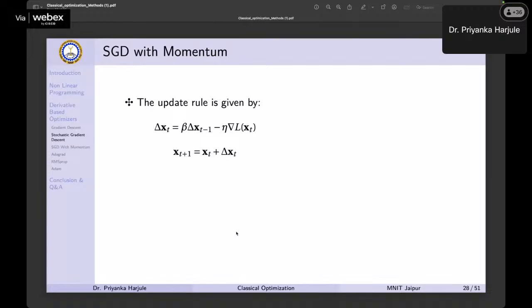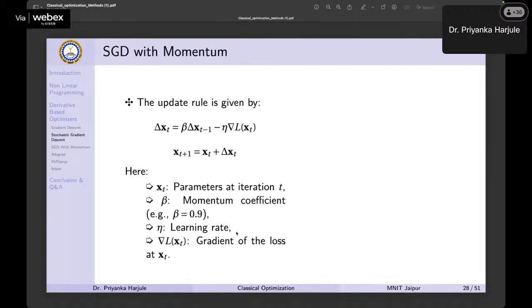giving smoothness to the convergence process. So the update rule for SGD with momentum is given by delta x_t equals beta times delta x_(t-1) minus eta times the gradient of the loss function.